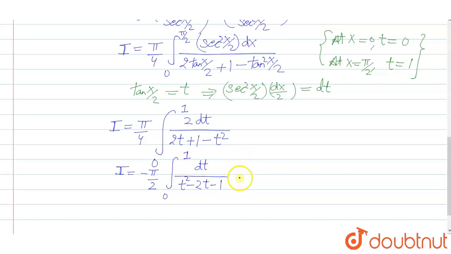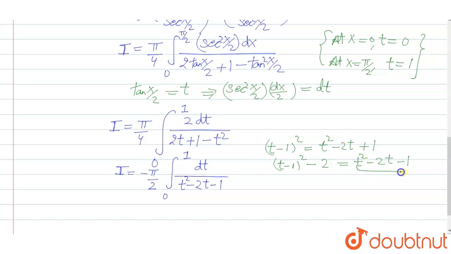Now here t minus 1 whole square is equal to t square minus 2t plus 1. Then t minus 1 whole square minus 2 would be equal to t square minus 2t minus 1.